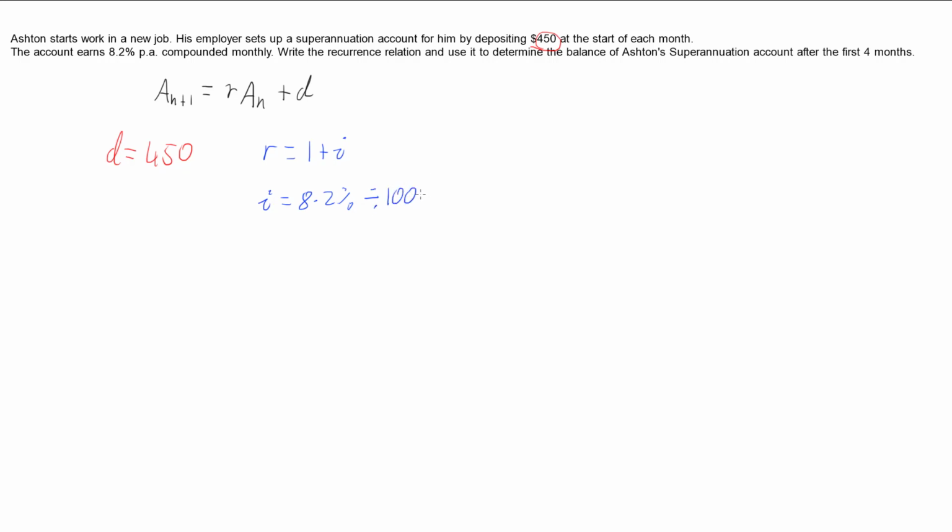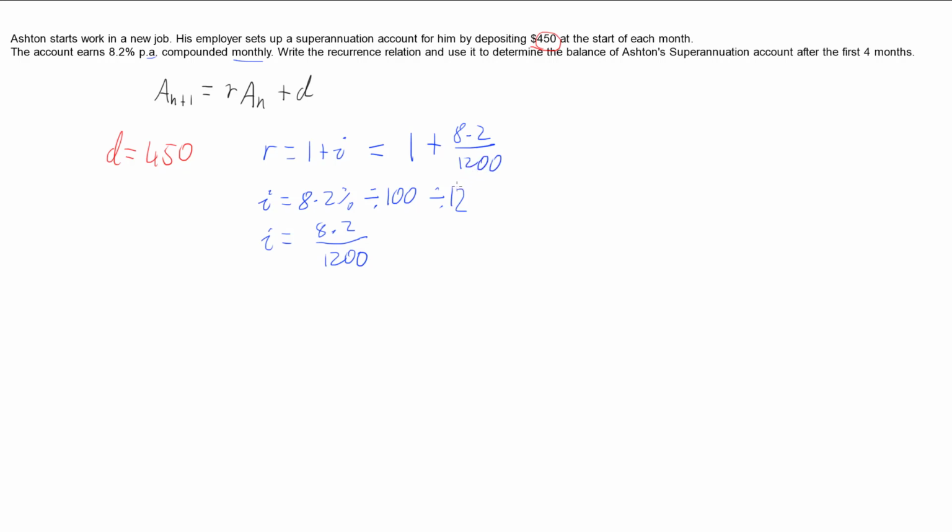And we also need it monthly, whereas this is per annum, so I need to divide by 12, because there's 12 months in a year. And so I is going to be 8.2 on 1200, and we'll just leave it like that for the ease of doing the problem and putting it into our calculator. So R is going to be 8.2 on 1200.